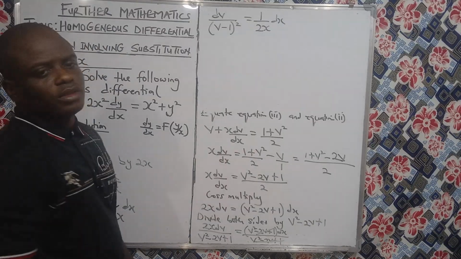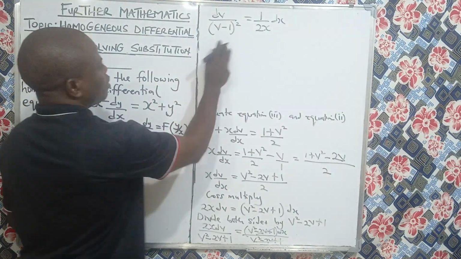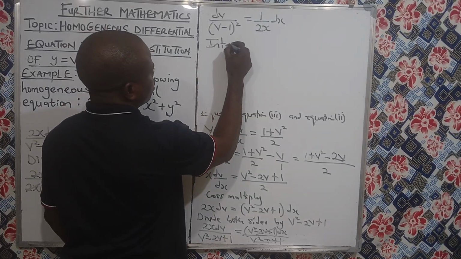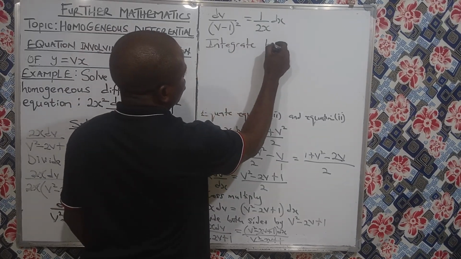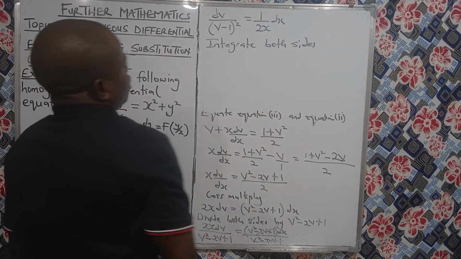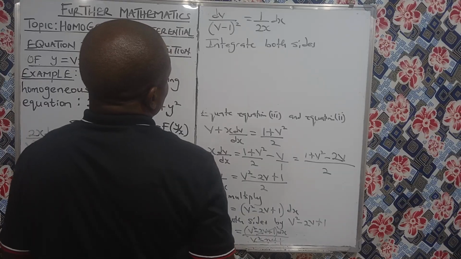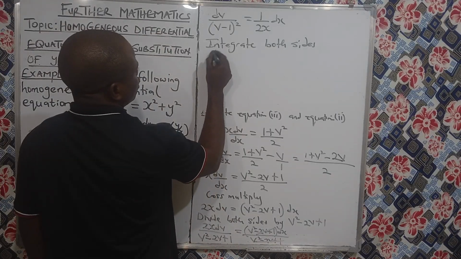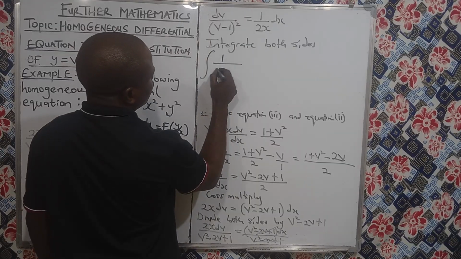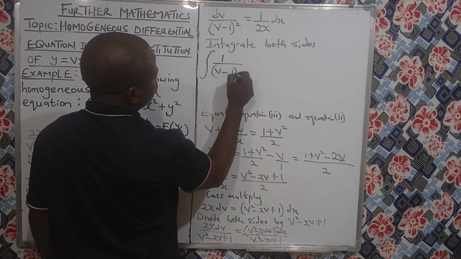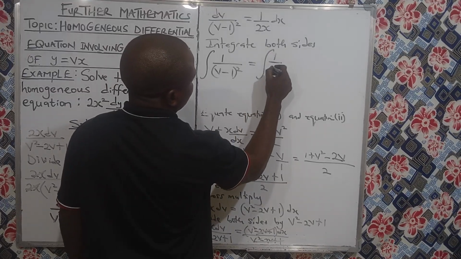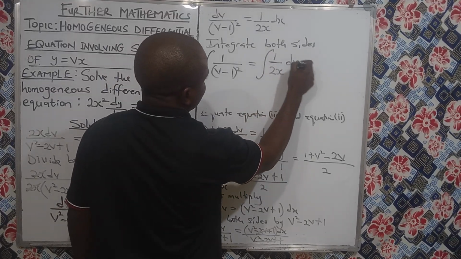We'll carry out separation of variables. Now integrate both sides of the equation. The integral of 1 over (v minus 1) squared dv equals the integral of 1 over 2x dx.